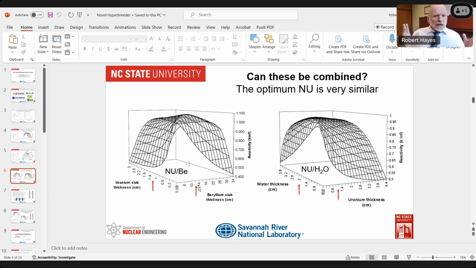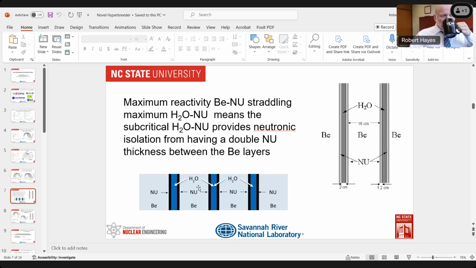And so that begs the question, can these be combined for a potential power reactor configuration? Because the natural uranium is the same thickness for optimal reactivity in both configurations. So both configurations have a common thickness of natural uranium.